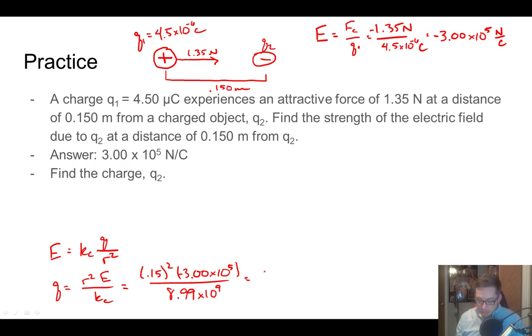And I got negative 7.51 times 10 to the minus 7th, and this would be coulombs. Notice that we decided way back before when we drew this that it had a negative charge, and sure enough, when we did all our math, we found that we also had a negative charge here. So our answer might also be given in microcoulombs, so it'd be like negative 0.751 microcoulombs. All right.